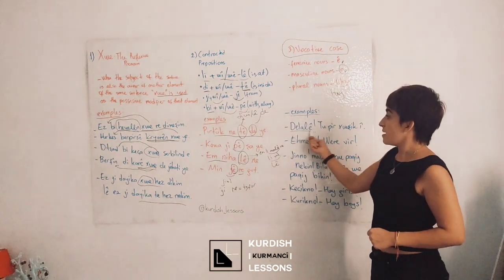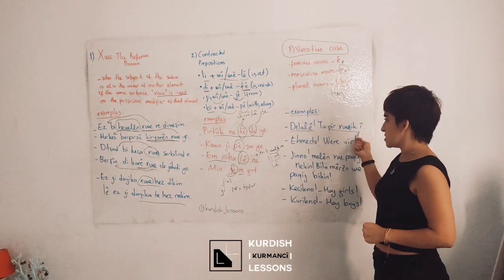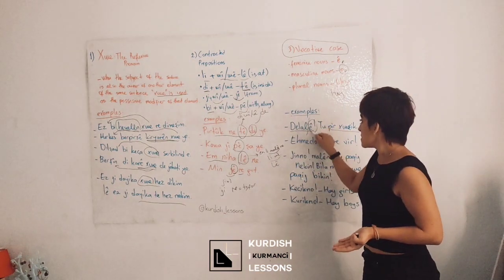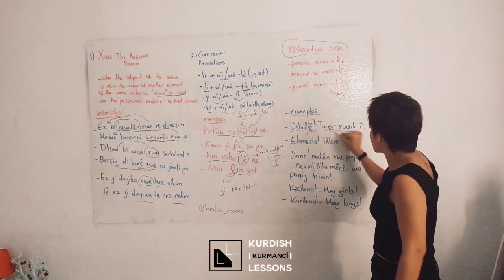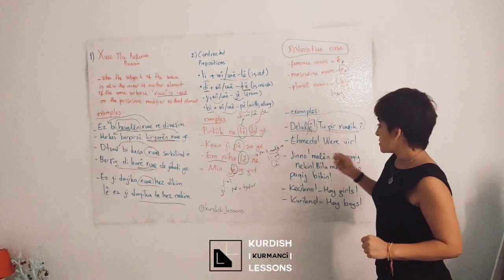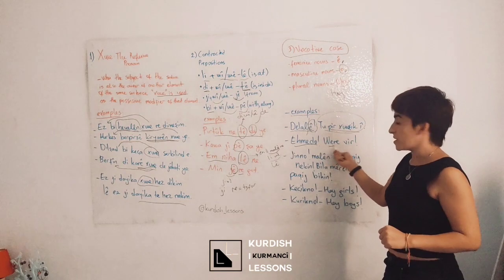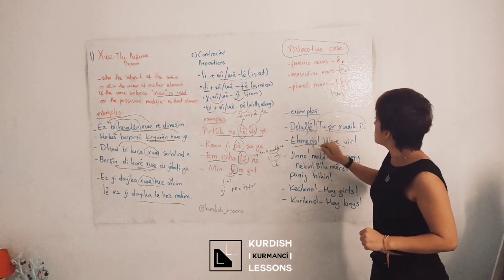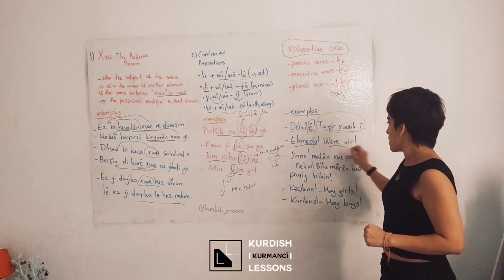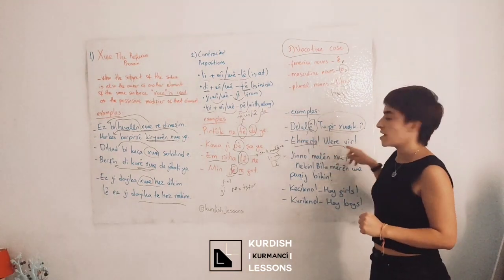For example, "Dalalê, tu pir xweşik î." Dalal is our proper name for a lady, and "Dalalê", like, hey Dalal, you are very beautiful, okay? And let's see another one. "Ahmedo, werê." Ahmed is a man, it's a masculine name. "Werê", come here. Like, hey Ahmed, come here.